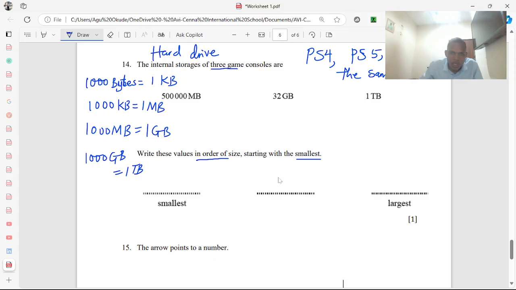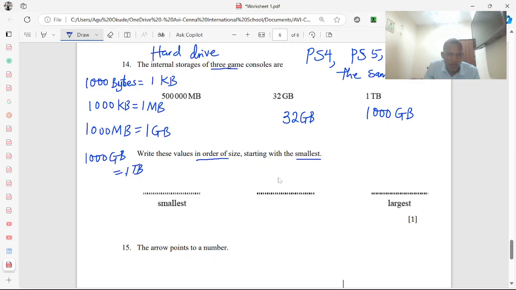Now this one is already 32 gigabytes. That's fine. Now I have one terabyte. Don't forget, 1 terabyte is equivalent to how many gigabytes? 1,000, right? So 1 terabyte is actually 1,000 gigabytes.